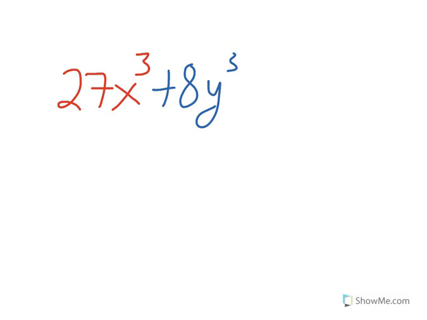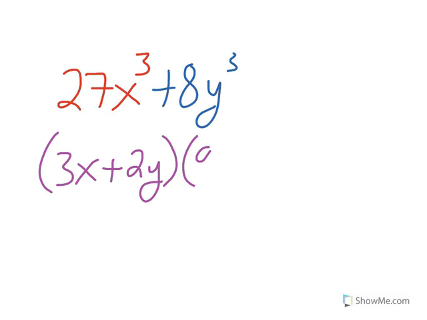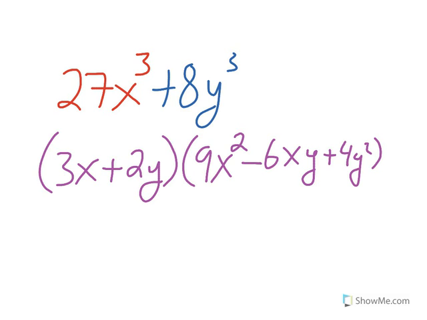You should be done, paused, you should have the answer written out, and you should be checking your work. So it should be 3x plus 2y. You should have 9x squared minus 6xy plus 4y squared is your answer.